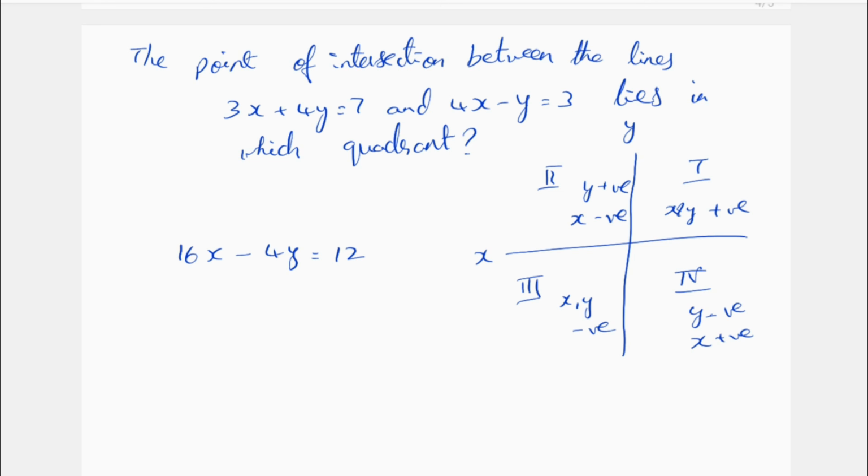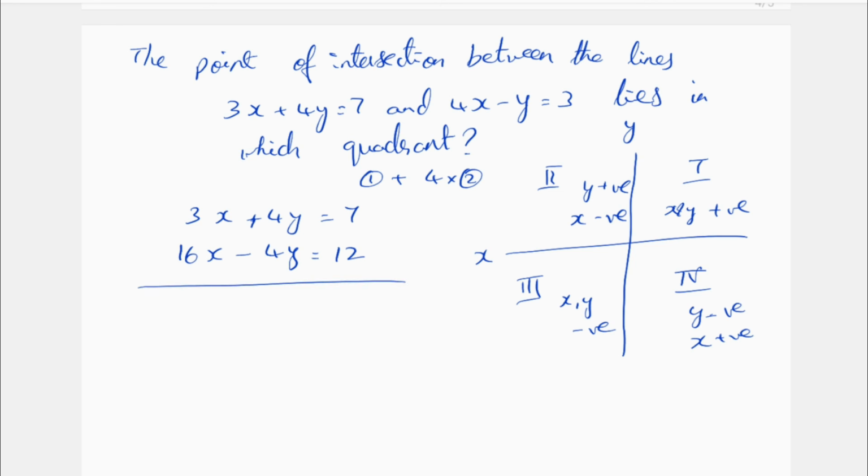The first equation I leave as it is, 3x plus 4y equal to 7. Now you can see why I did it: so that I can add the first equation plus 4 times the second equation.